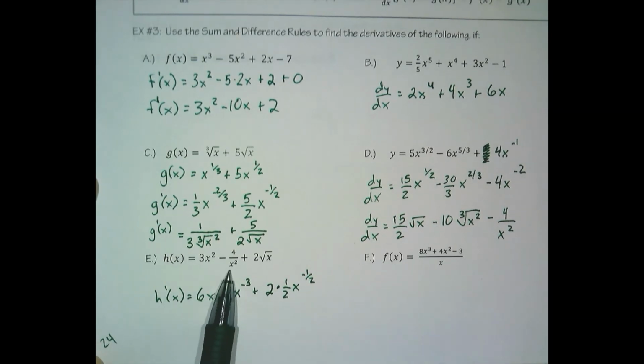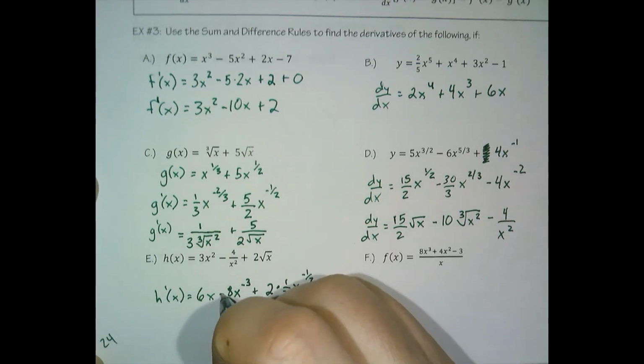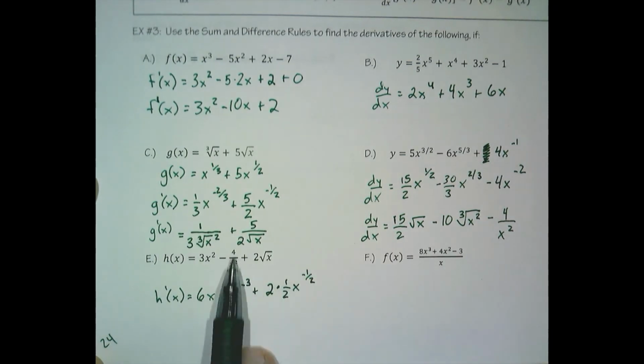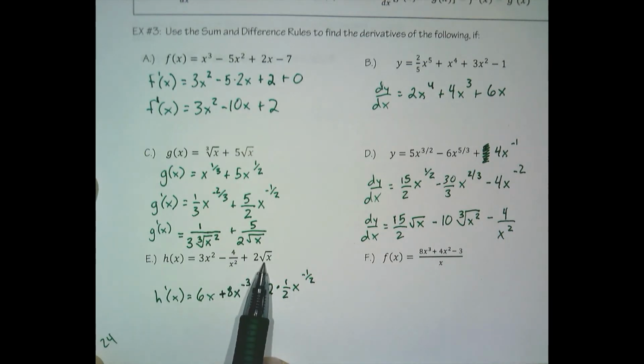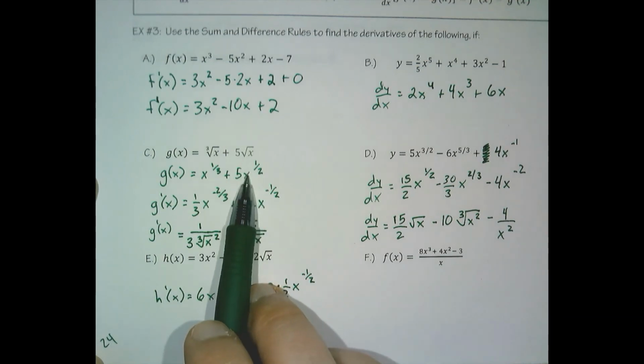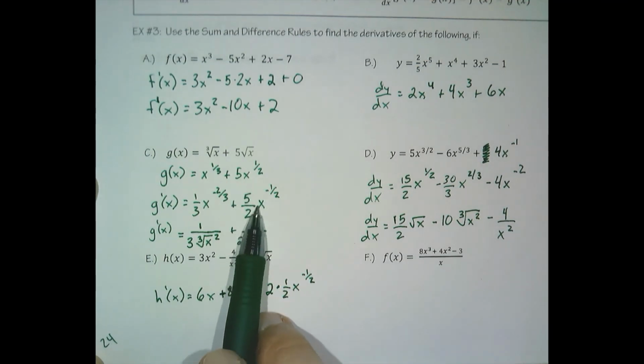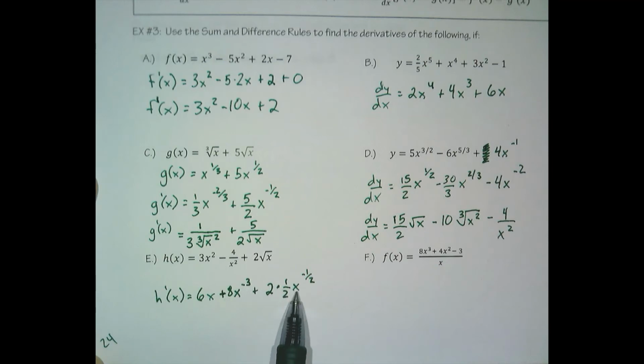Right, so this was 4x to the negative 2. 4 times negative 2 is, oops, that should be a plus. 4 times negative 2 is negative 8. Subtract negative 8 becomes plus. Decrement that negative 2 by 1, and we get a negative 3 there. Likewise, the square root of x, we saw up here, the derivative is 1/2 x to the negative 1/2.